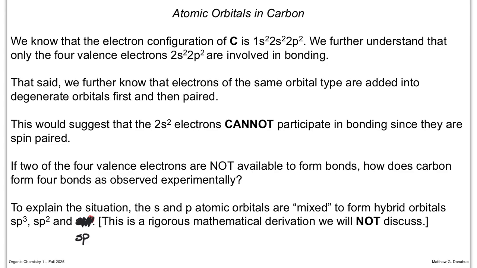So the hybrid orbitals that we are interested in are sp3, sp2, and sp. And that nomenclature just tracks from the s and the p atomic orbitals. So notice here with sp3, if you count the total number of orbitals, how many is there? 4.